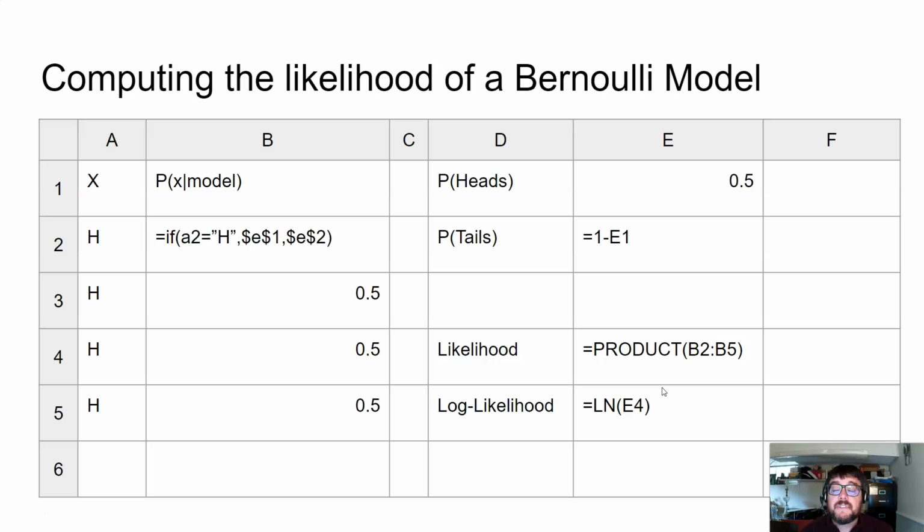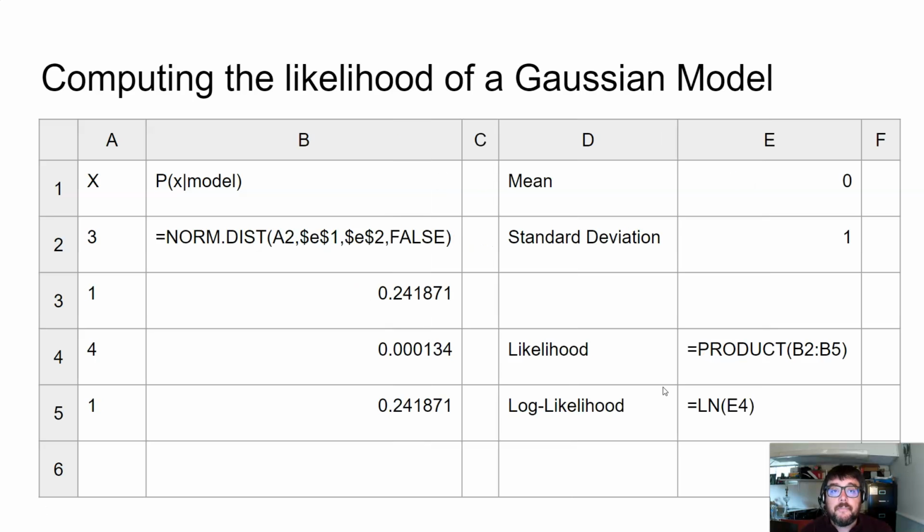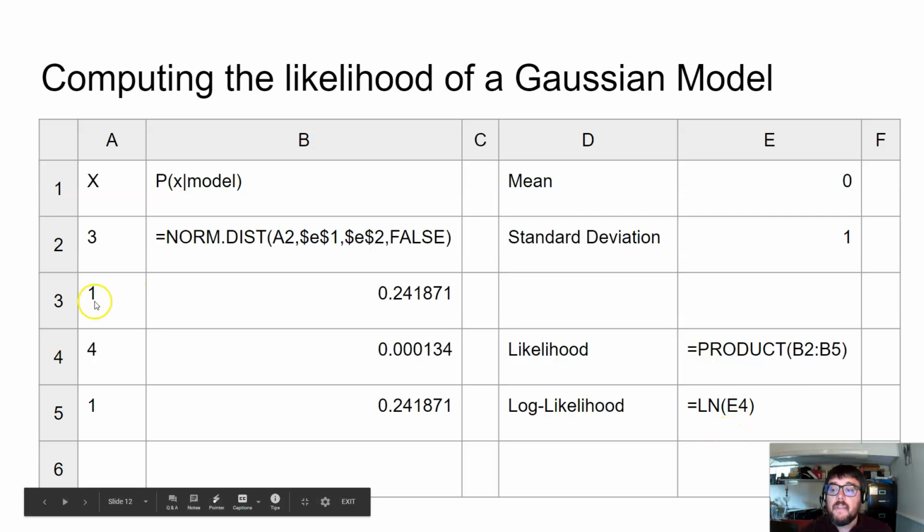So we can use a similar setup for computing likelihoods of a Gaussian model. Once again, we have our data here. We have our computation for the probability of observing that particular piece of data given our parameters. The parameters are over here. So we look up our parameters, say FALSE. So we've got each of the individual probabilities here, we multiply them all together and take the logarithm, and there's the likelihood of a Gaussian model.